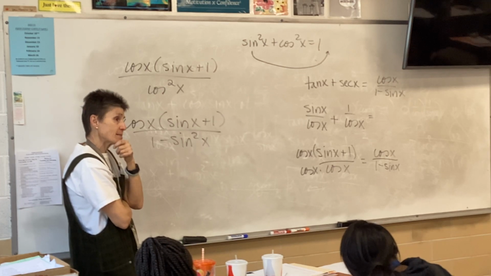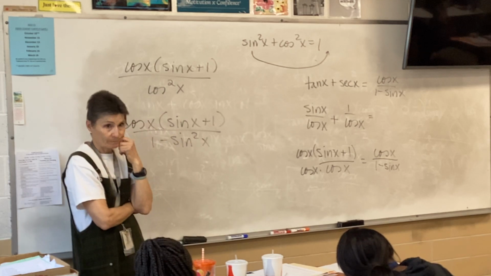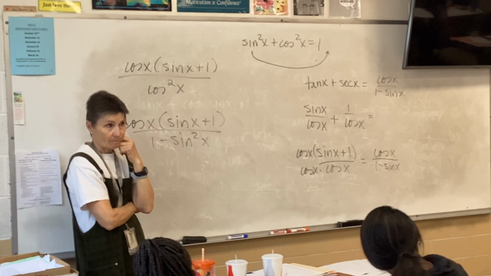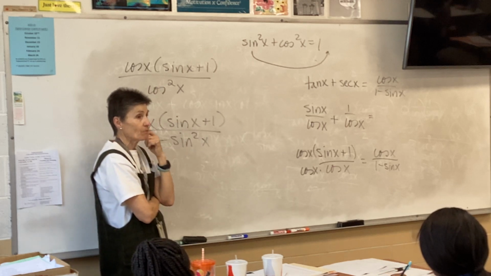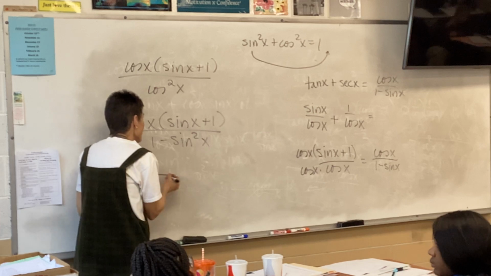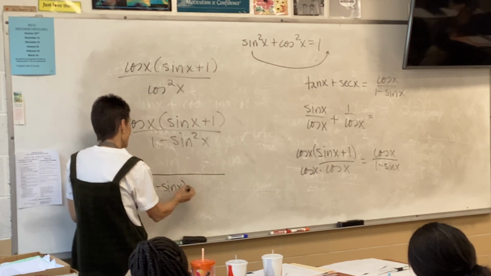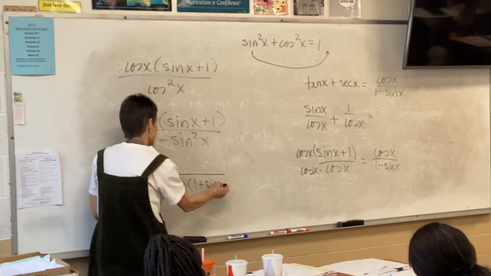One minus sine squared is factorable. It's the difference of squares. So the denominator is going to factor as 1 minus sine, 1 plus sine.